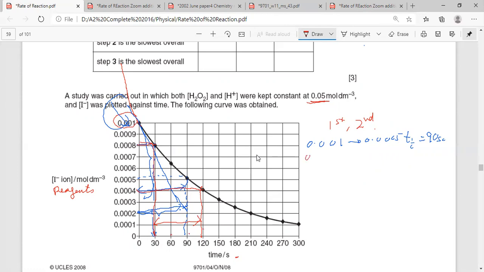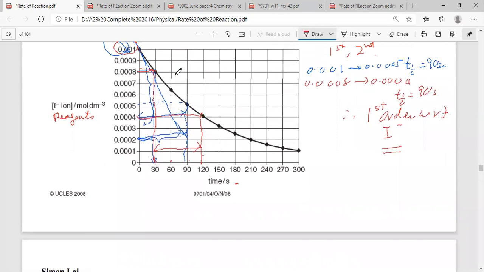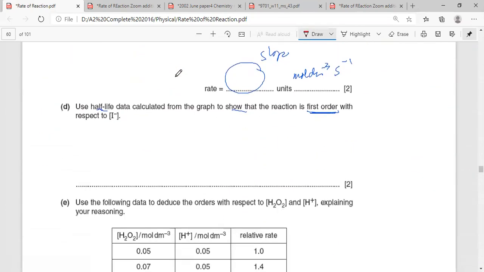So I put here 0.0008 to 0.0004. Half-life is also 90 seconds. Therefore, first order with respect to I minus, cannot say for the others. So from one graph, you can find the rate, normally the initial rate, and of course, find the half-life to show it's first order.